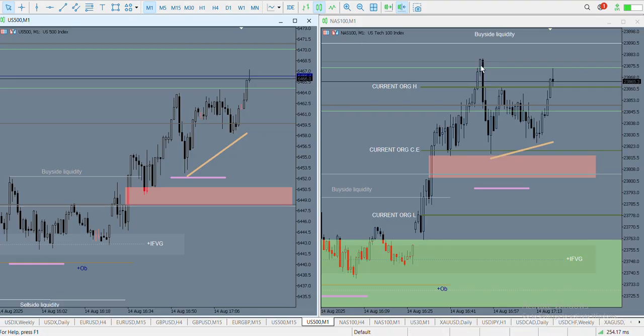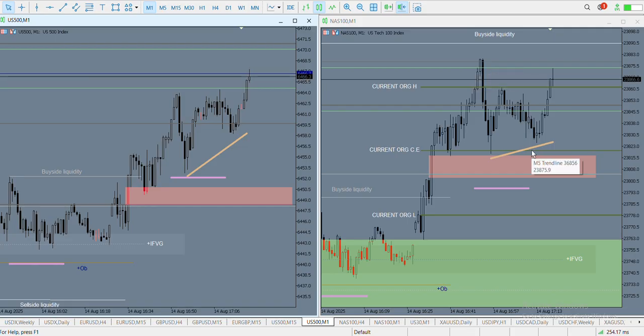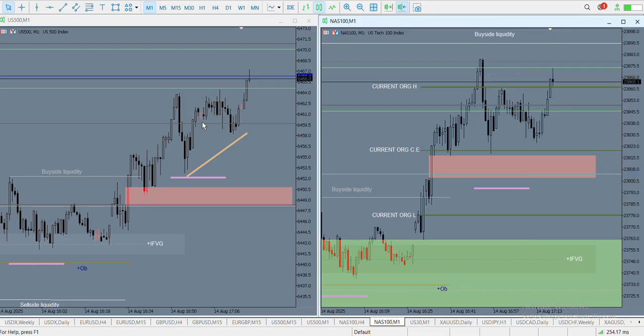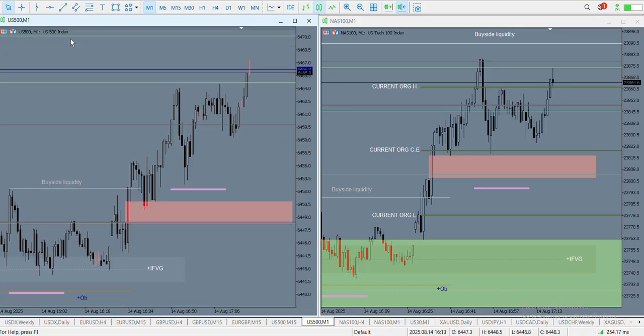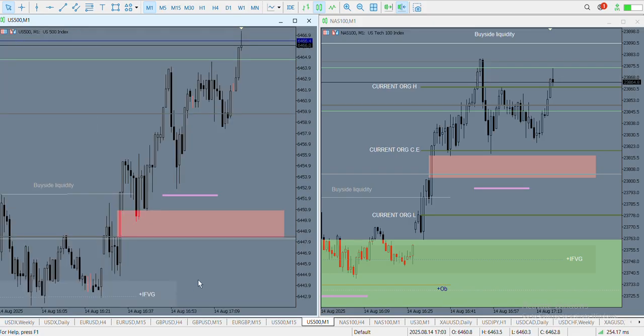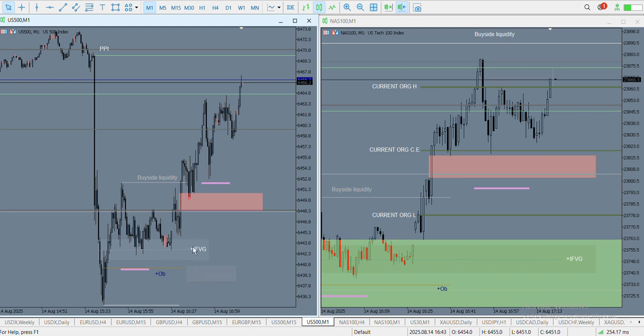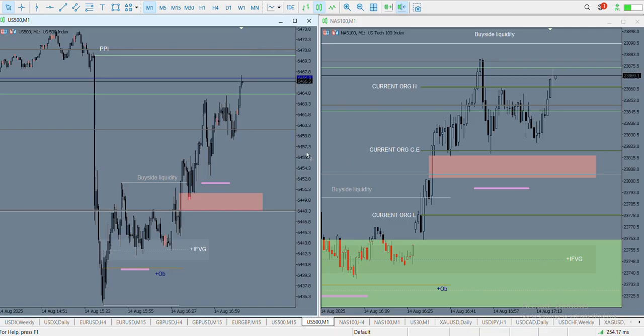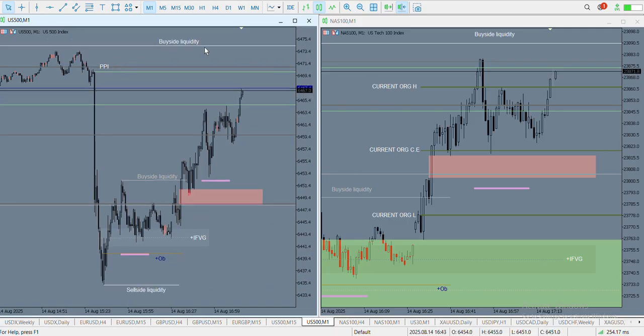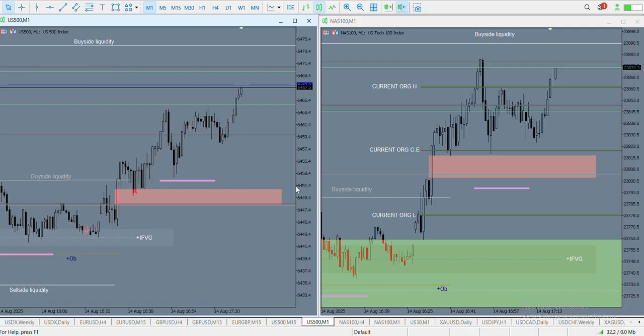But NAS 100, we've not gotten above that high. Interesting. Relative strength from my higher time frame perspective, US 500 was more protected to the upside. So you can see the inversion of a buy here. Beautiful. And then I'm anticipating a run to the buy side, these relative equal highs here.